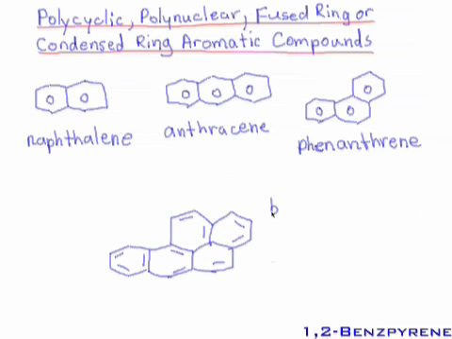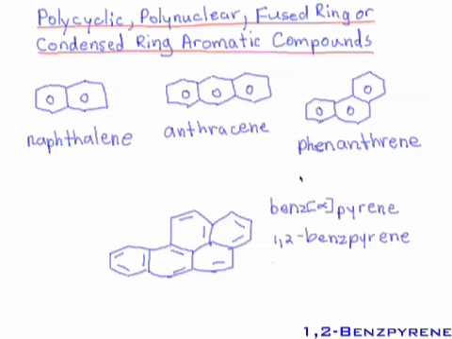This molecule is referred to as benz alpha pyrene, sometimes also called 1,2-benzpyrene. Now, benz alpha pyrene is a very carcinogenic polycyclic aromatic compound. It is found and produced in the combustion of organic matter. It will be found in coal, fuel oil, cigarettes, forest fires, and roasting meats.